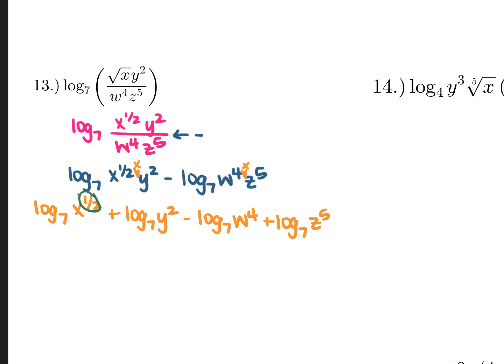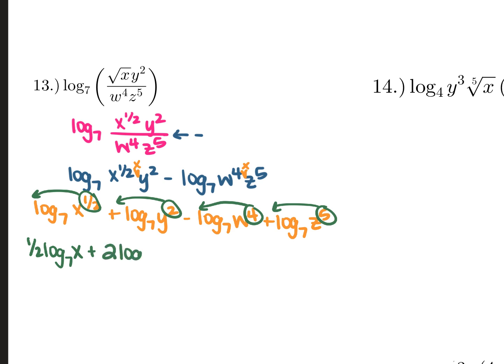All of those powers are going to move to the front of each of those expressions. So this is going to give you your final answer of 1/2 log 7 of x plus 2 log 7 of y minus 4 log 7 of w plus 5 log 7 of z.